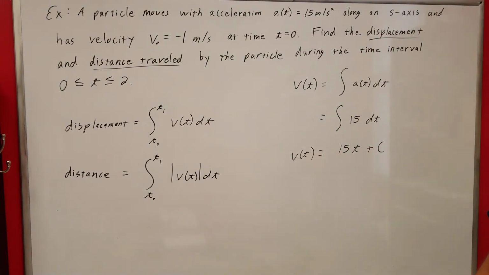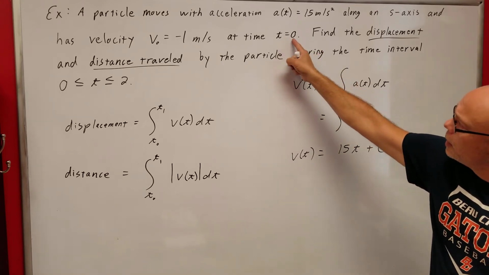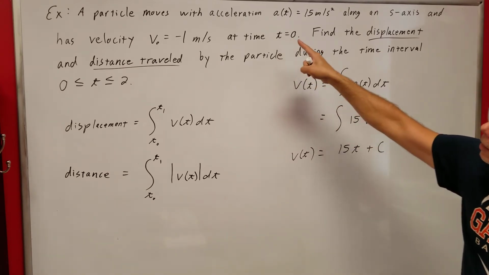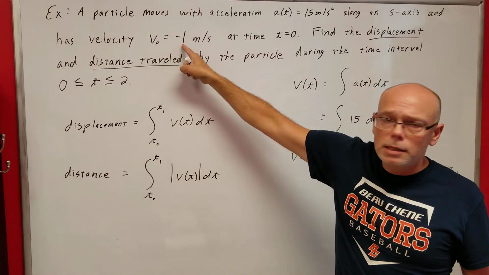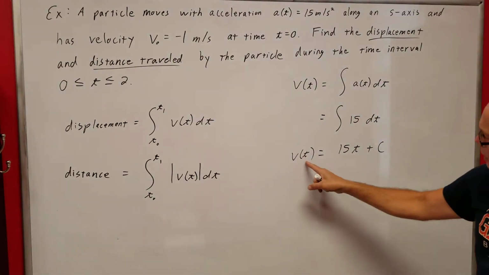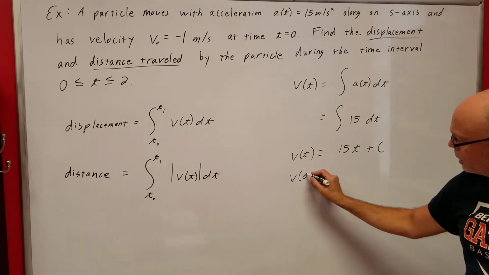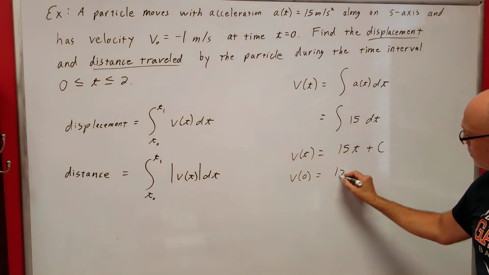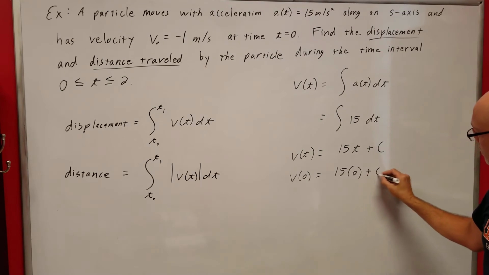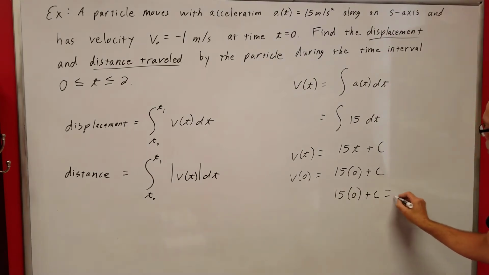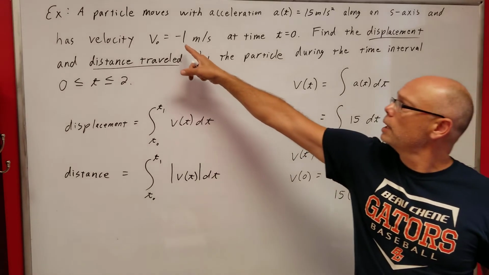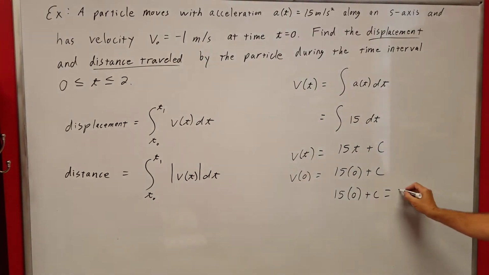But what do they tell me here? They tell me that at time t equal to 0, v subscript 0, or my initial velocity, is -1. So they're telling you to evaluate this at t equal to 0. Then 15 times 0 plus c should equal that initial velocity of -1.